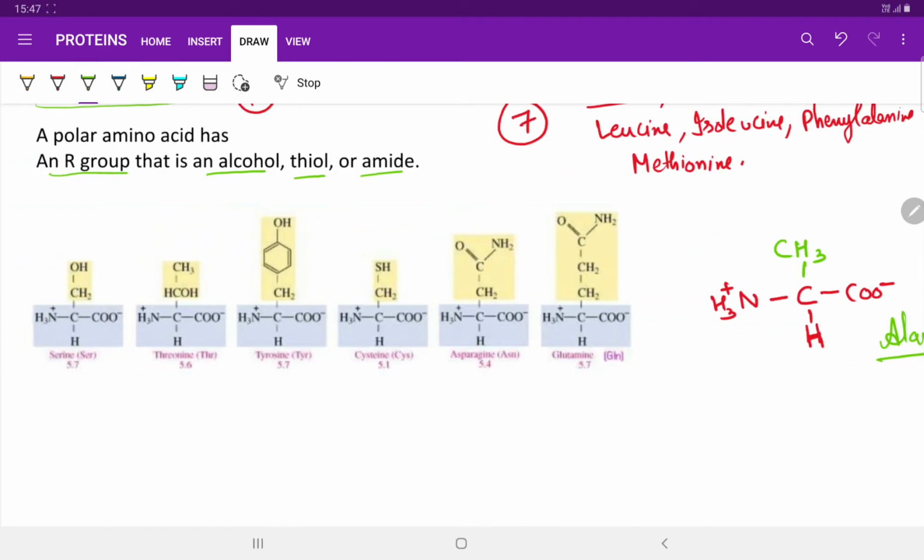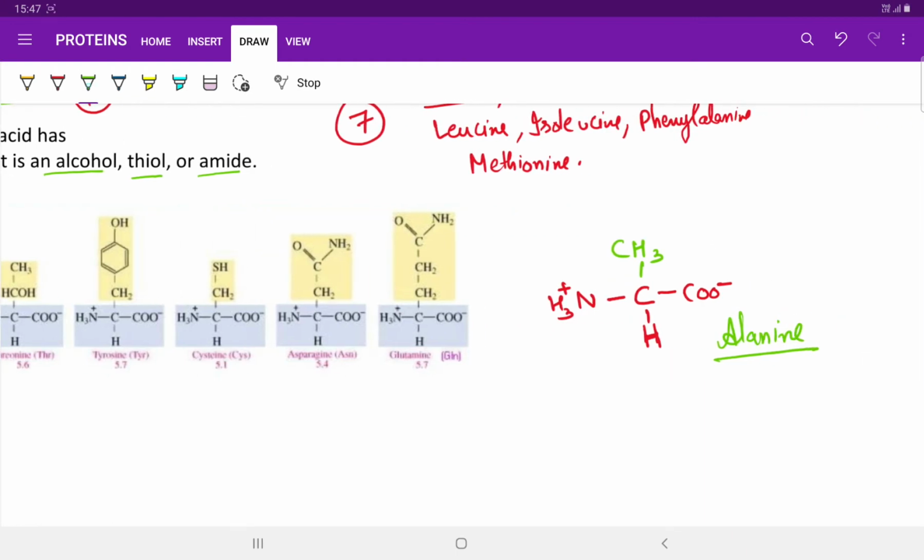But if an alcoholic group is added to the methyl group of alanine, it will become serine. See here, an alcoholic OH group is added, it becomes serine. This is our first polar amino acid.